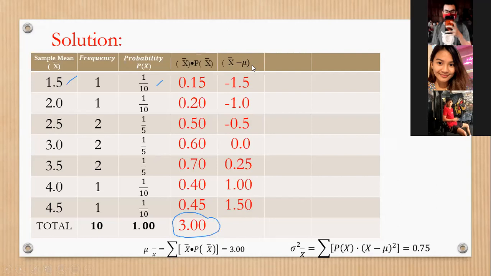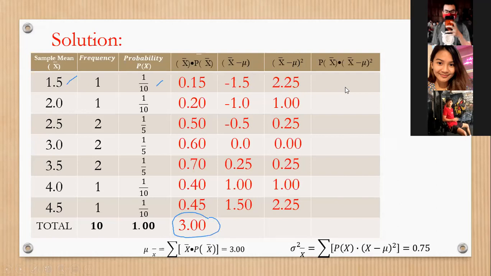Okay po? Pagkatapos ng column niyan, syempre, we need to square. Negative 1.5 times negative 1.5, yan, is positive 2.25, lahat sila, ini-square natin. And the last column, ito naman ang imumultiply natin. Itong probability at saka itong square ng difference ng sample mean, yan, imumultiply natin yon para sa column na yon.